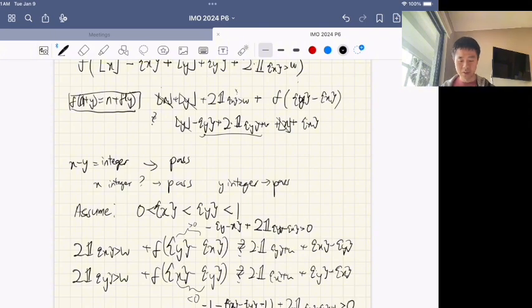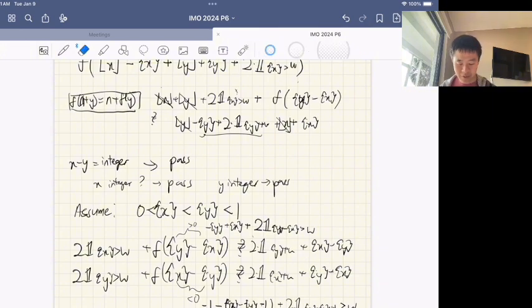Okay, so sorry, this is not 0. This should be w. So long story short, the difference is the fractional of y minus fractional of x. This one, the fractional part is fractional of x minus fractional of y plus 1 actually. So if we actually want to rearrange this whole thing, now what this becomes is this.